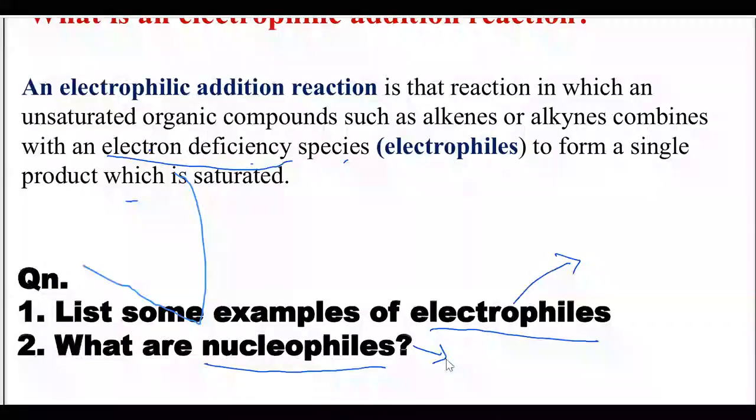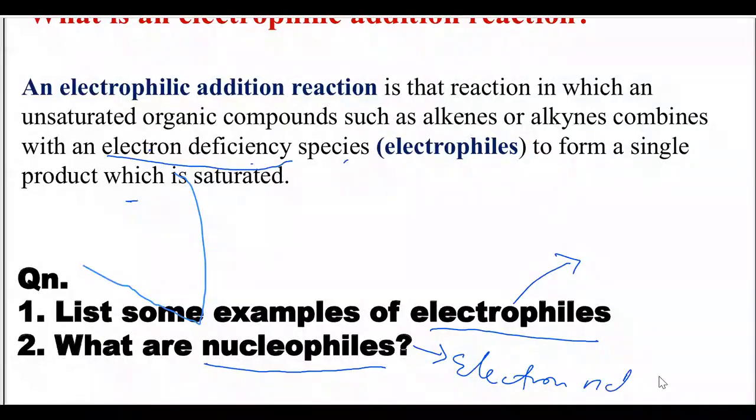Yes. Okay, someone is saying electron rich species. Okay, good. Then we have seen that an electrophile is electron deficient. Someone in the chat was telling us what deficient means: lack.